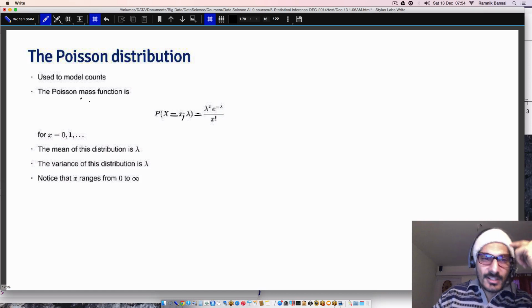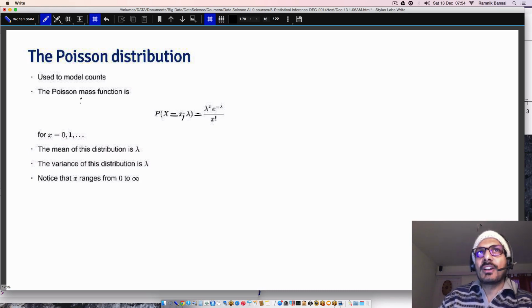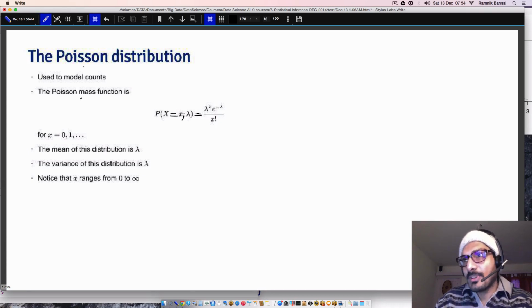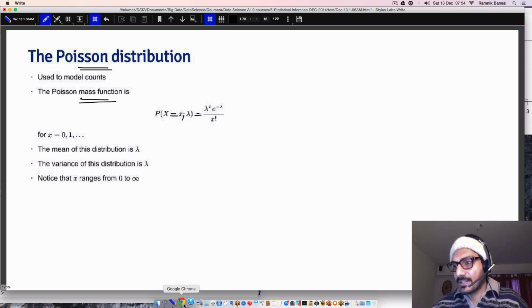Let's say in 1 hour, how many vehicles cross a particular point on the road. If I put a camera and check how many vehicles cross each hour, that will be a fixed number, not a continuous number: either 100 or 200 or 99, whatever that is. So the Poisson distribution is a discrete distribution.